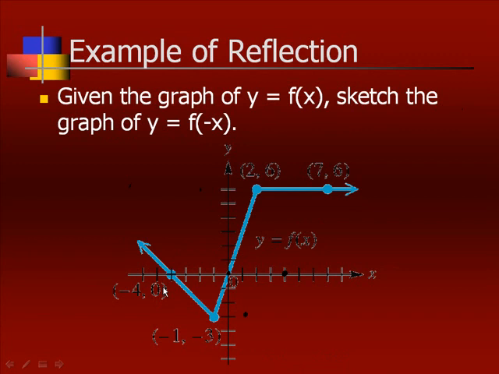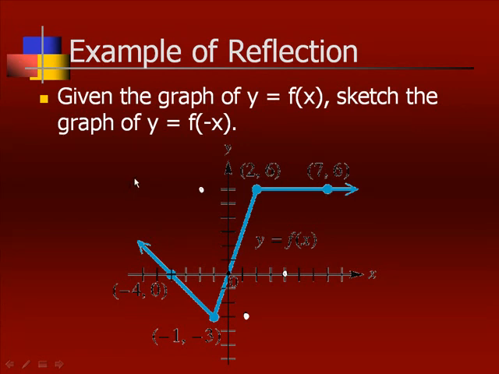Now on this one, we're changing the x's to negative x, which means we're going to reflect it across the y-axis. So basically what we're doing is we're taking all of the x values and changing the sign. So if this is -4, 0, we're going to come over here as 4, 0. If this is -1, 3, we're going to come over here as 1, -3. If this is 2, -6, we're going to come over here as -2, 6.